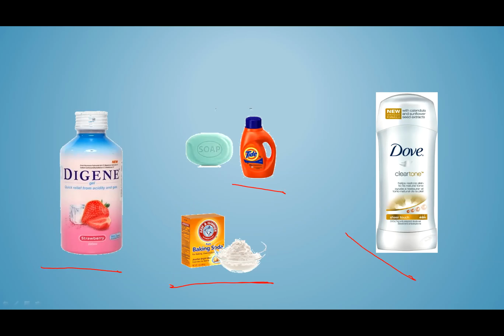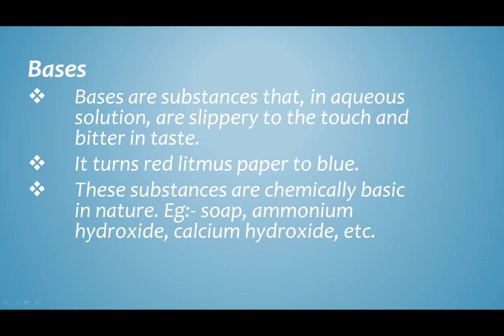If you think about soap, shampoo, detergent, baking soda, all are slippery to touch and bitter in taste, but don't taste these. So we can classify them as bases, and they turn red litmus paper to blue, which I will discuss in the later part of my video, as I said in the acid part. So they are chemically basic in nature, and the characteristics are that they are slippery to the touch and bitter in taste.